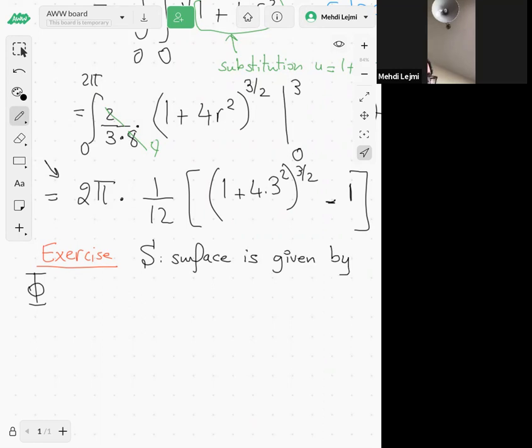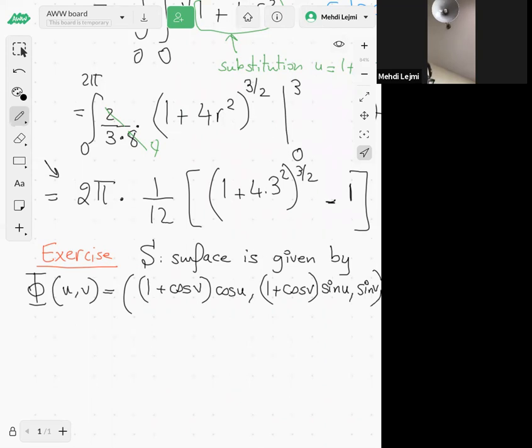So phi of u, v is equal to, let's see, let's say (1 plus cosine of v) times cosine of u, (1 plus cosine of v) again times sine of u, and then sine of v.